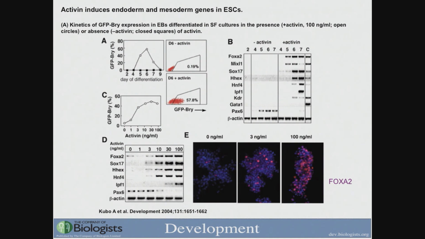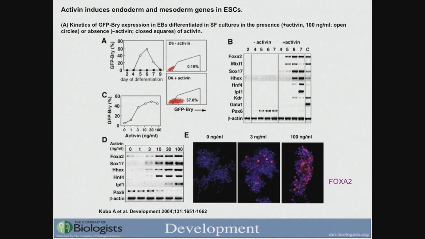However, this is the first example of how markers are really important, but the timing of the expression of those markers is also really important. So although with just 3 of activin versus 100 in terms of percentage brachyury positive cells, there doesn't seem to be much of a big difference, those cells appear to be quite different when you look at the expression levels of those key endoderm markers.